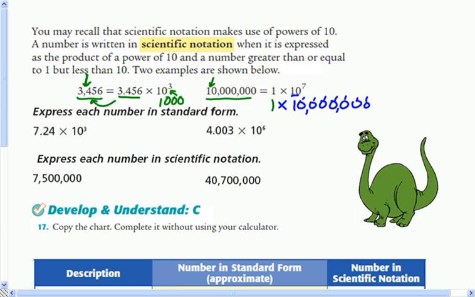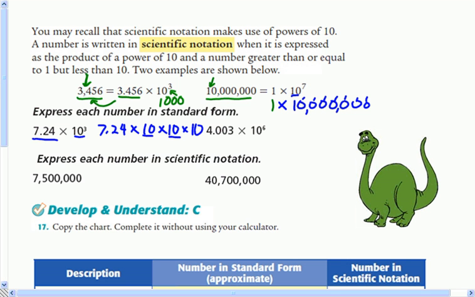All right, so here's a number written in scientific notation. This first number is greater than or equal to 1 but less than 10. We want to multiply that by 10 to the third. Well, that really means we're multiplying 7.24 times 10 times 10 times 10, written in expanded form.